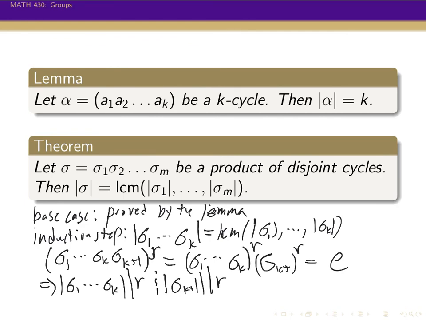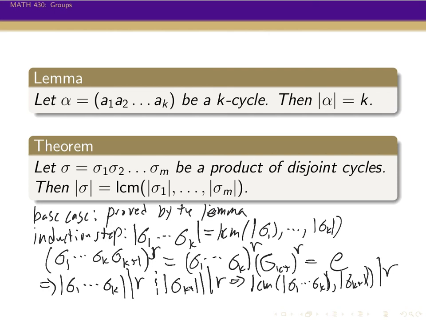And so if they both divide r, that means that the lowest common multiple of the two of them has to divide r.